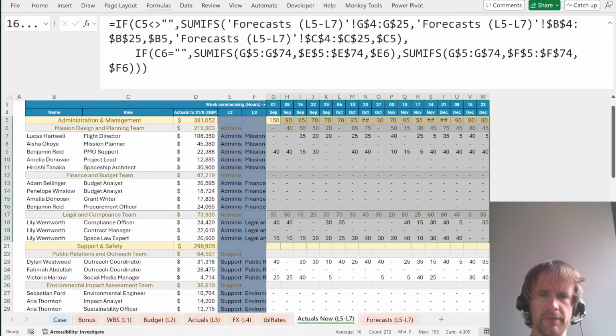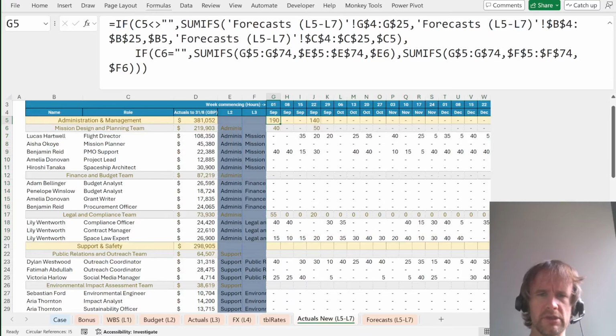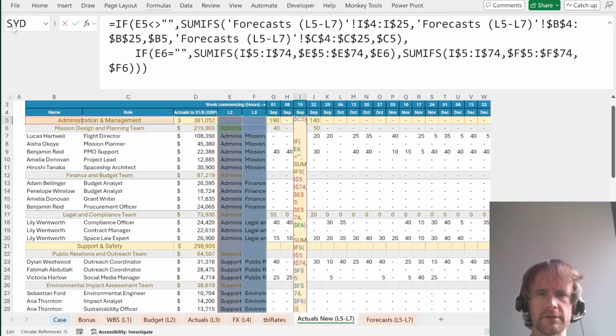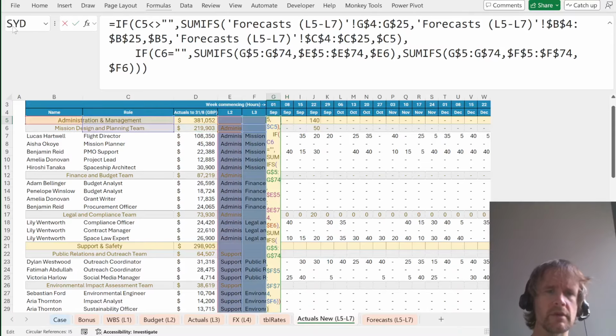Okay. So then if I fill this in, circular references, no, I5. Where are the circular references? I didn't lock something? It's weird that it's working here, but not, oh yeah, okay, I didn't lock something.